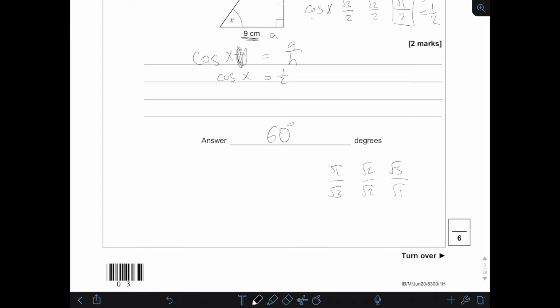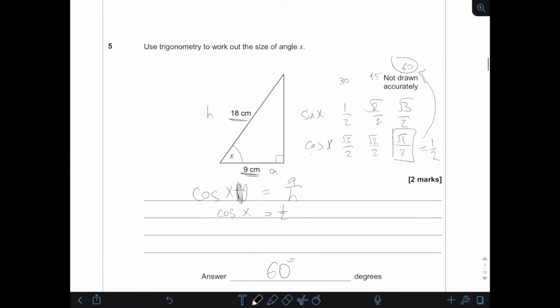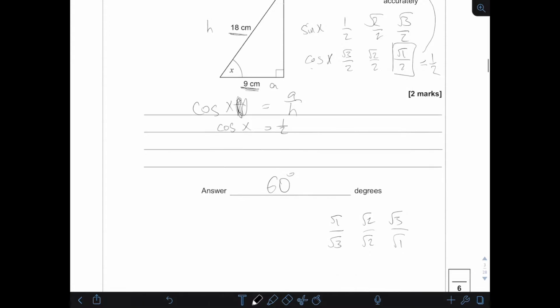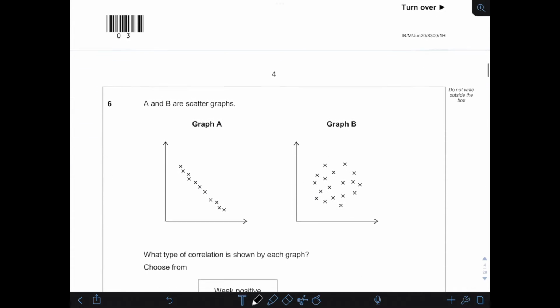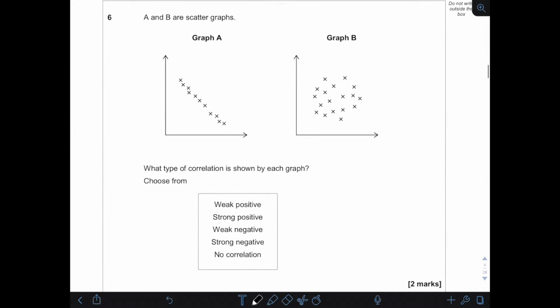So tangent of 30 is 1 on root 3, tangent of 45 should be 1, and tangent of 60 degrees is root 3 over 1, which is root 3. Those are the special angles that you do have to remember, and you're doing a higher paper, so you definitely should know them.